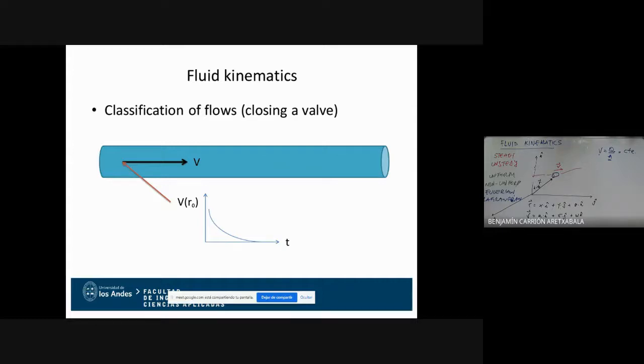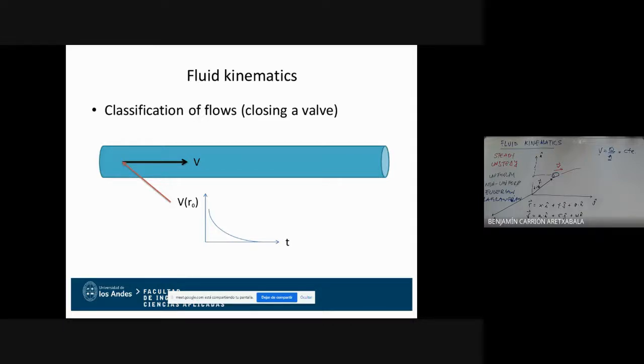If on top of that the flow or the velocity, or whatever variable you have, doesn't change over time, then it's also steady flow. So in this case, you have uniform, steady flow.